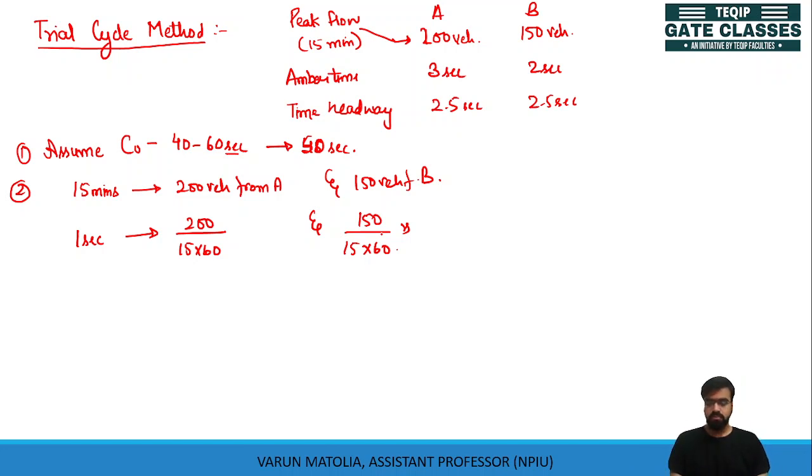This is 0.22 vehicle per second from direction A, and we have 0.167 vehicle per second from direction B. We have taken the cycle duration as 50 seconds. So we have to allow how many vehicles in 50 seconds to maintain this flow?